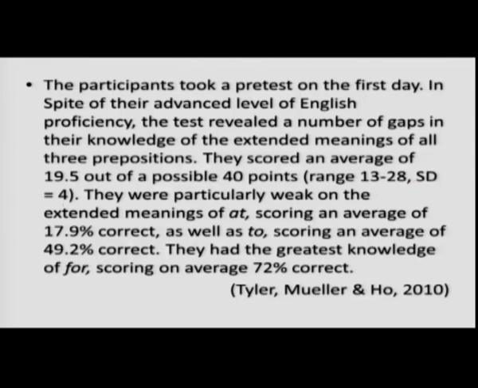They were particularly weak on the extended meanings of at, scoring an average of 17.9% correct, as well as 2, scoring an average of 49.2 correct. They had the greatest knowledge of 4, scoring on average 72% correct.